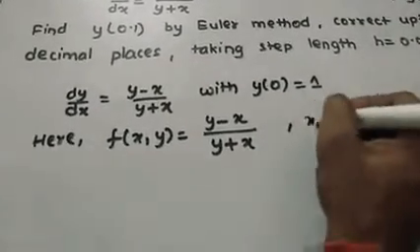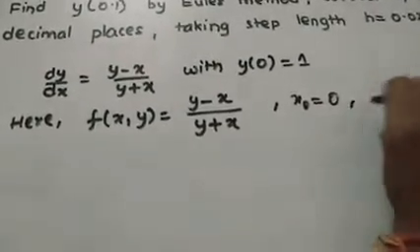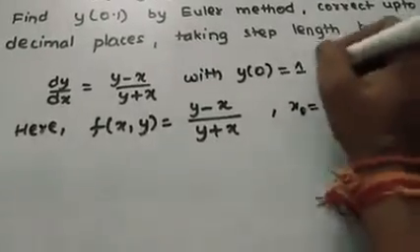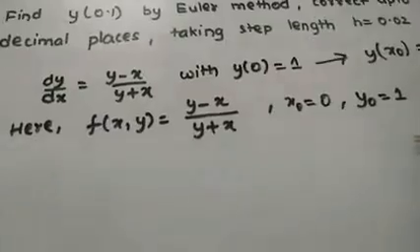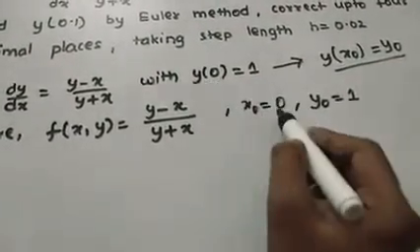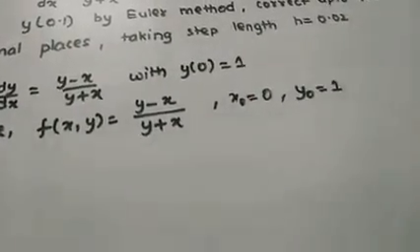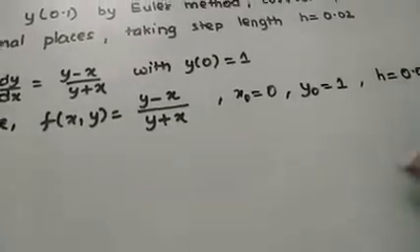So x naught is, what is the then bracket? 0. So x naught is your 0 and y naught is your right hand side. Okay, because in the theorem part only we have written y of x naught equals to y naught. So if you compare this expression with this expression, that x naught is your 0 and y naught is your 1. Okay, and h is given to you 0.02.